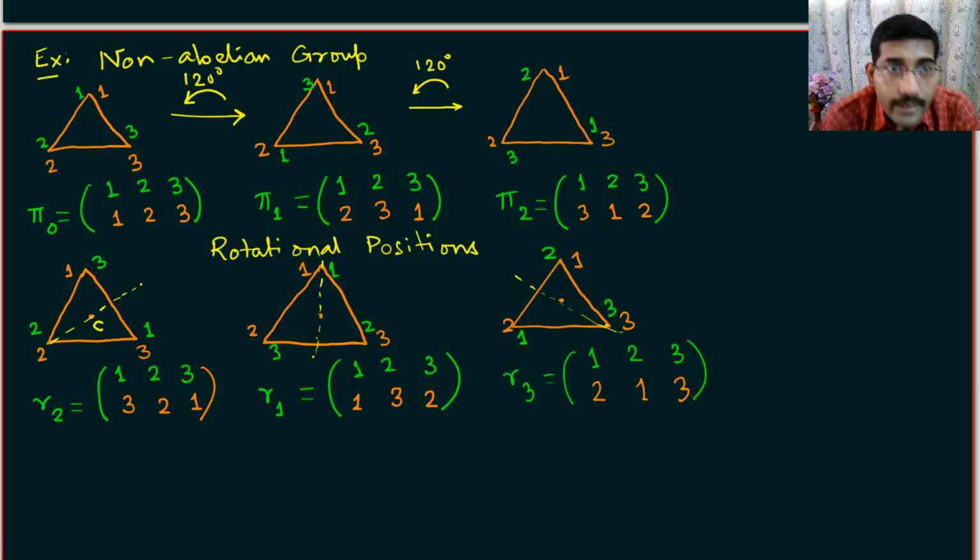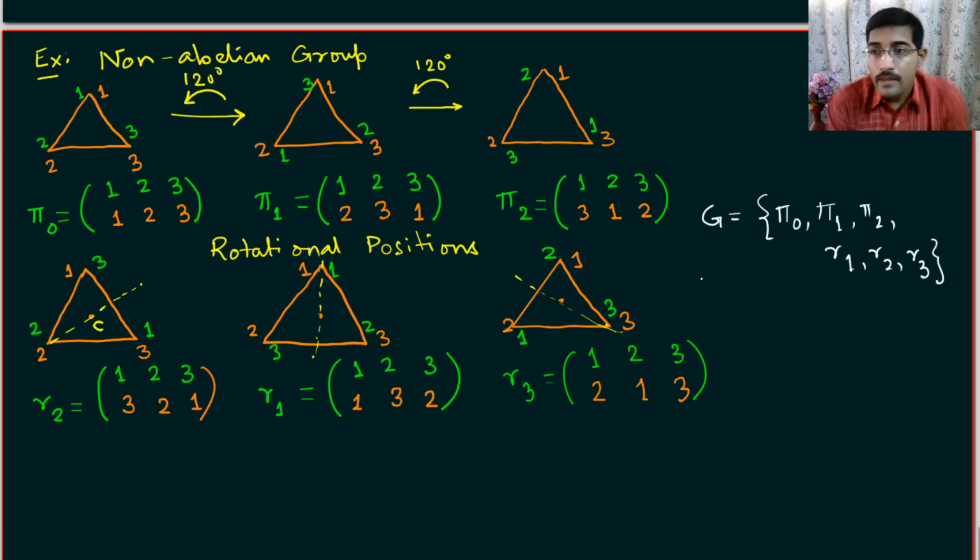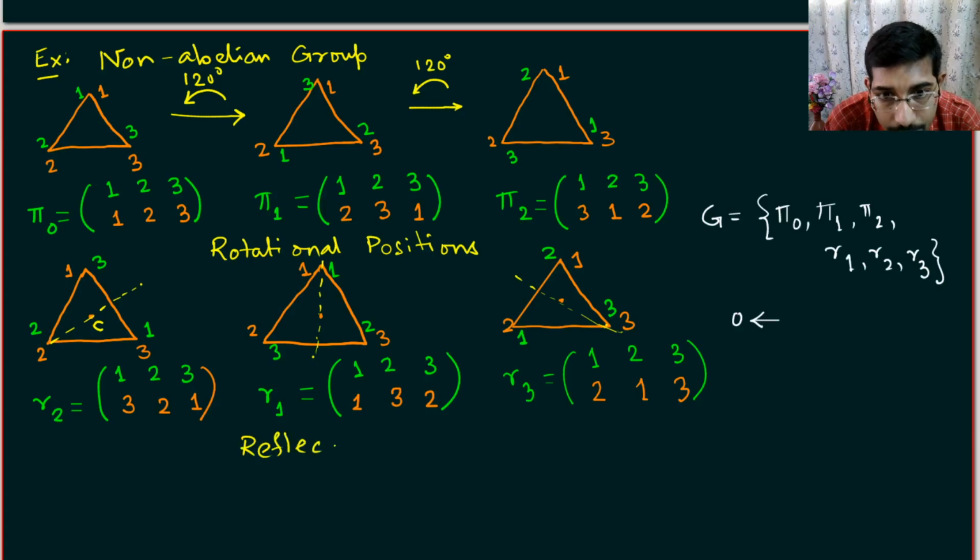Now what I claim is that I will form a group with the set of elements like this. My group will be the set of elements pi 0, pi 1, pi 2, R1, R2, R3. The second operation that I discussed is called a reflection, so it is the reflectional position.